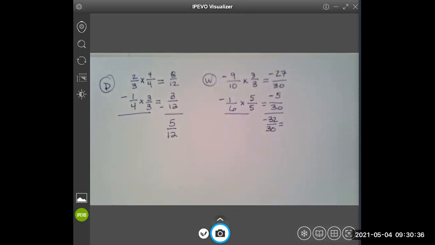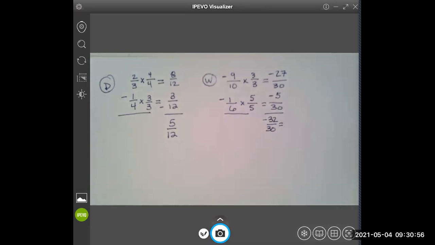Do you see that there are any mixed numbers up above, or are they all still fractions? It's hard for me to see. They're all still looking like fractions. Okay, so we just have to reduce, we have to simplify this.